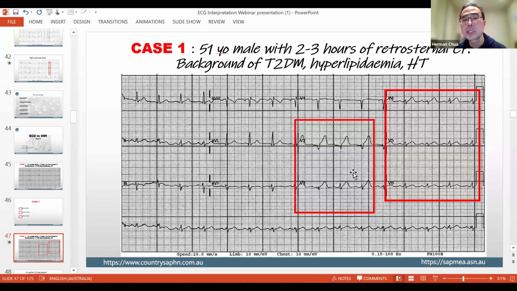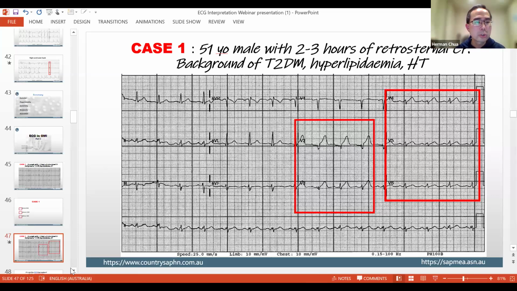So basically, this is an anterior OMI. There is a little bit of ST segment elevation in V2, probably about 1.5 millimeters, but no other ST elevation anywhere else. Just notice how small and tiny the QRS is as well. All the changes that I've iterated point towards an anterior OMI.